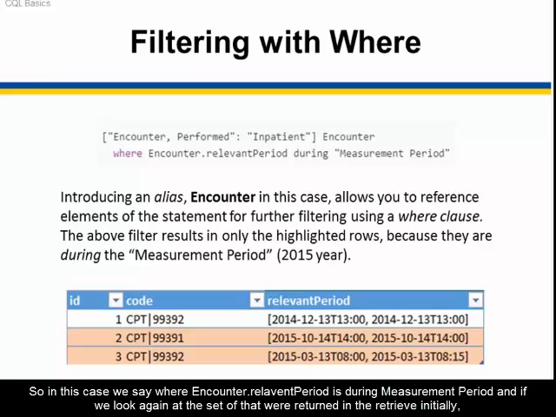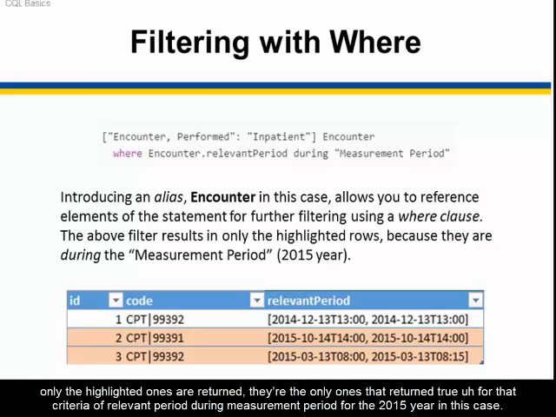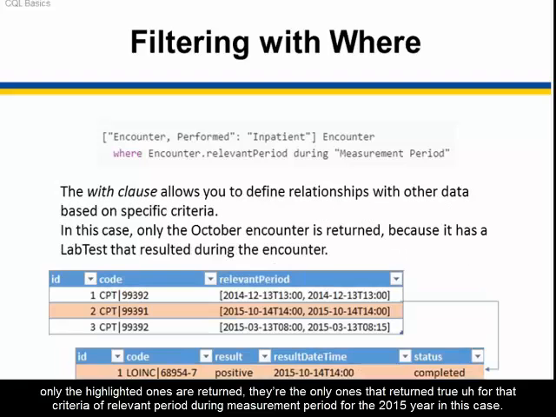So in this case, we say where encounter.relevant period is during measurement period. And if we look again at the set of records that were returned from the retrieve initially, only the highlighted ones are returned, because they're the only ones that return true for that criteria of relevant period during measurement period, so the 2015 year in this case.